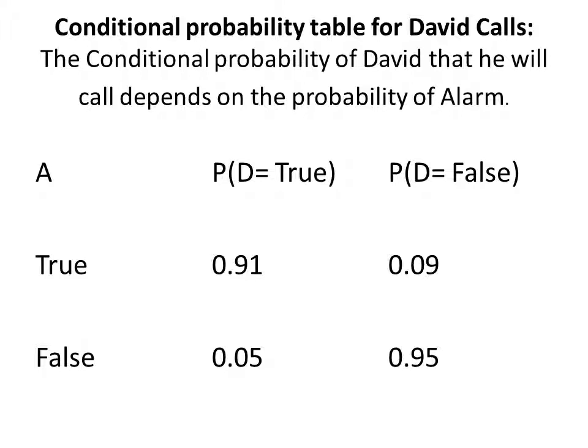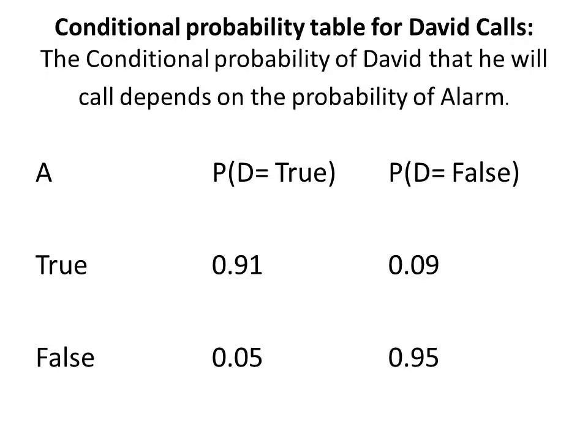Conditional probability table for David calls. The conditional probability that David will call depends on the probability of alarm. So alarm is taken as A, having the value true or false. When alarm is true, the probability of David calling equal to true is 0.91.